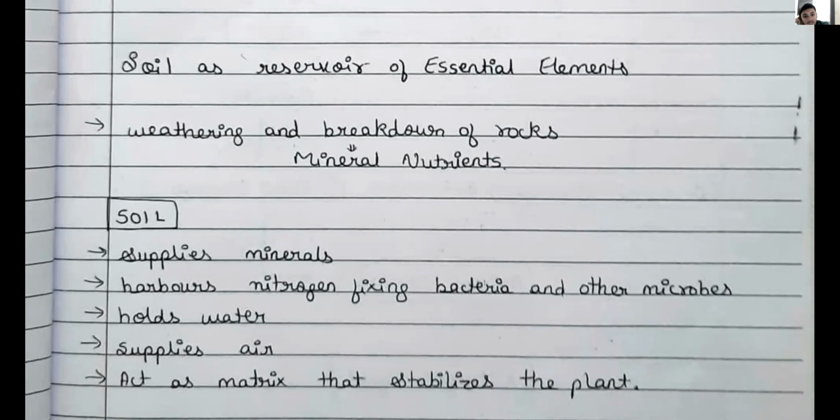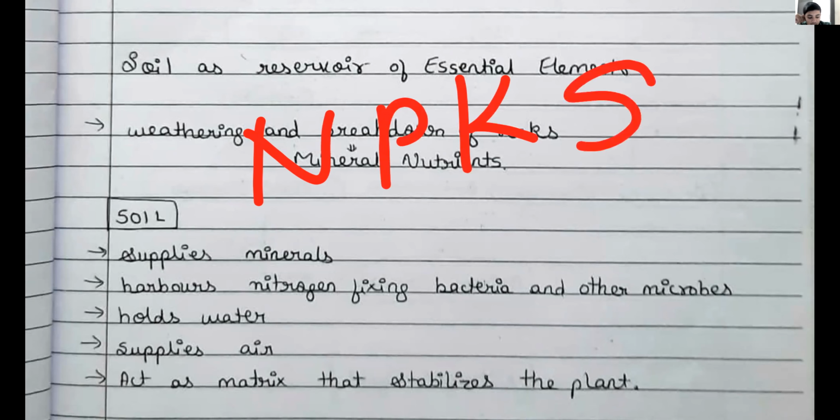Now, if deficiency of an essential element occurs in the crop field, there is a need to supply fertilizer, particularly macronutrient fertilizer, which we call NPK. In your book it is given as NPKS. Sulfur is also part of the macronutrients, needed at more than 10 millimolar.